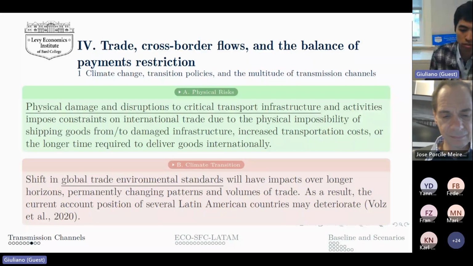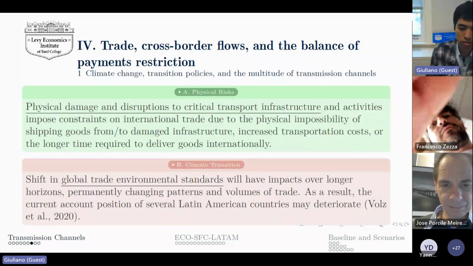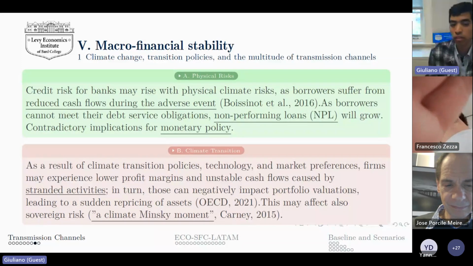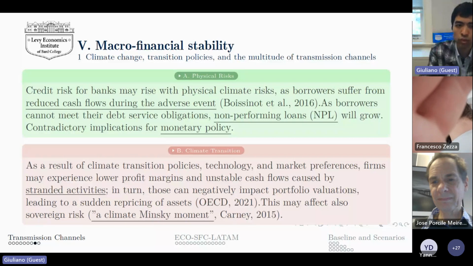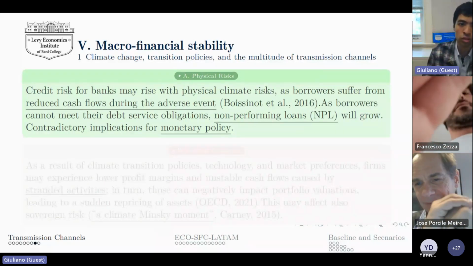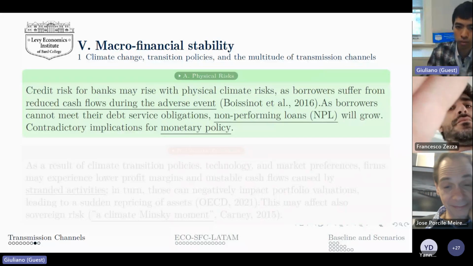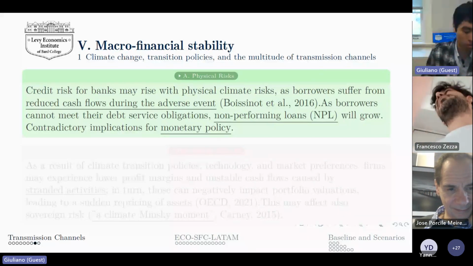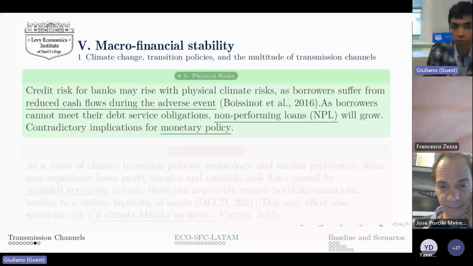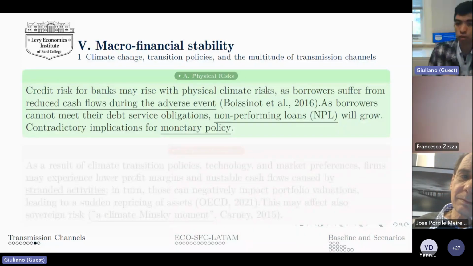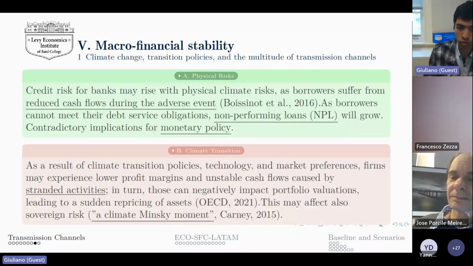Finally, on the microfinancial stability, for the physical risk, as I mentioned, the impact of extreme events will reduce cash flow during the adverse event, increase the share of non-performing loans, and have some contradictory implications for monetary policies.